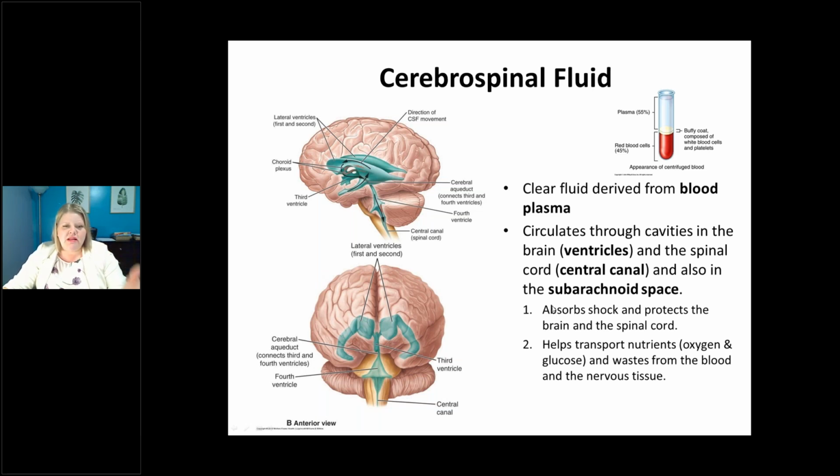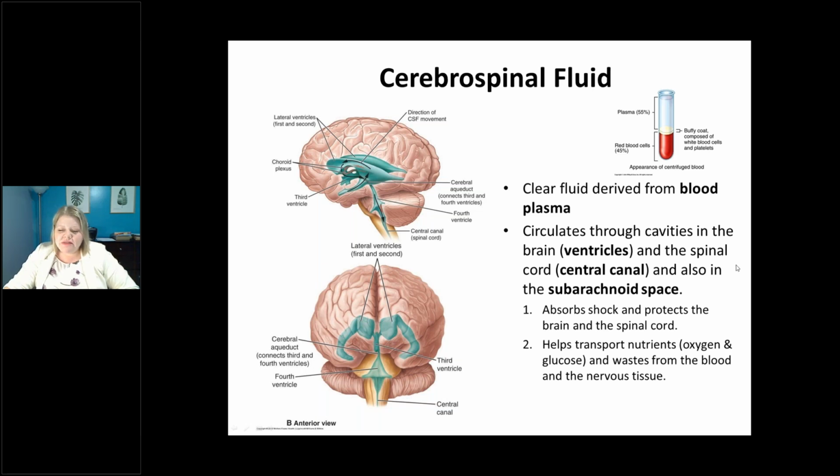The central canal is a hollow center all through the center of the spinal cord. So the cerebrospinal fluid can infiltrate the central spine and also the outer portions of the spine and the brain. So inside, outside brain.